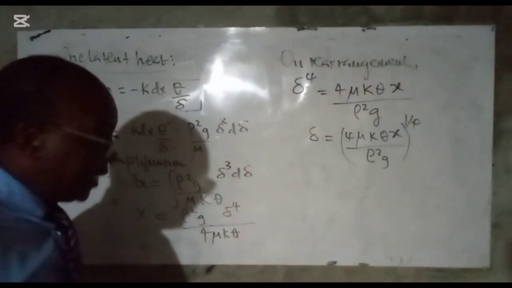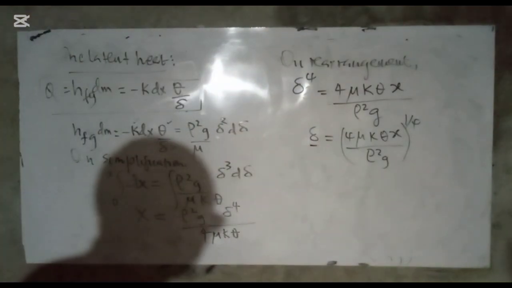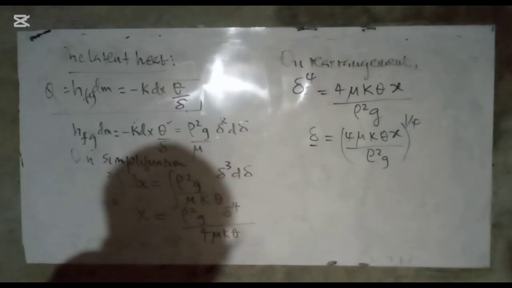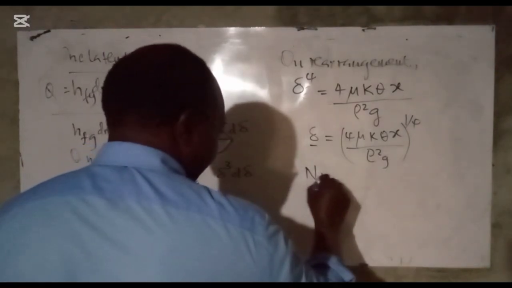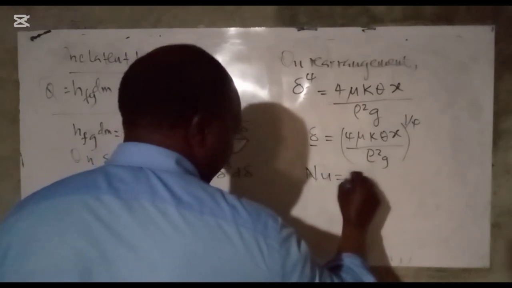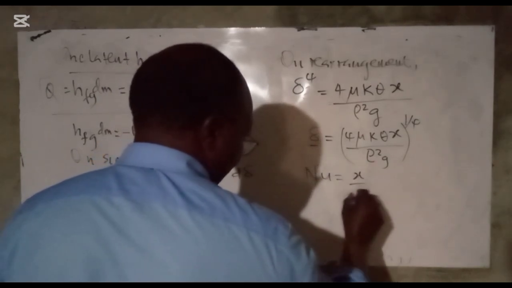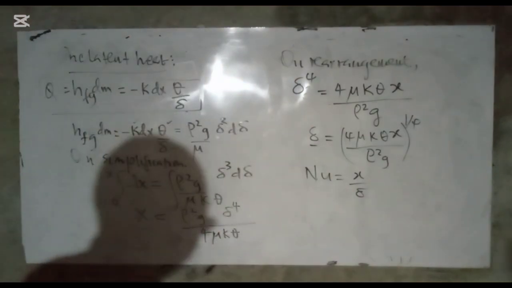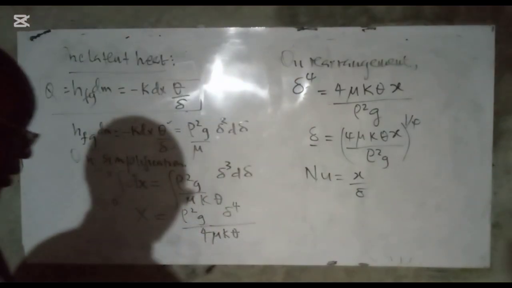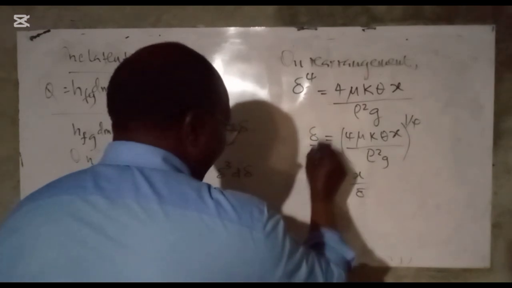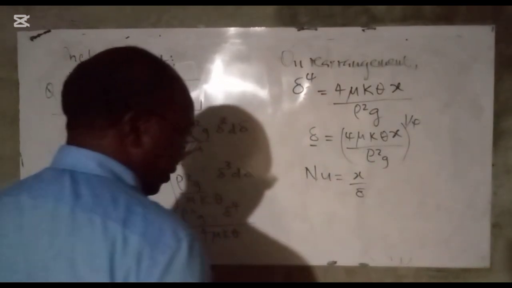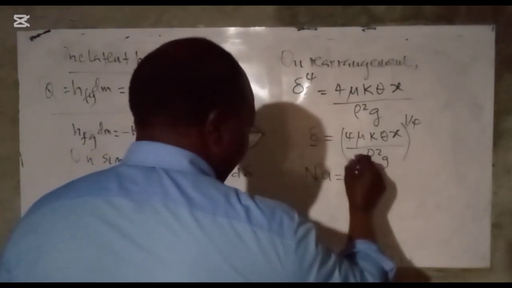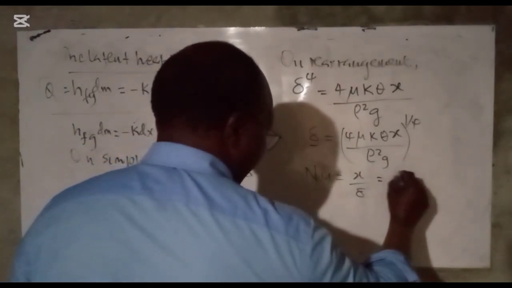But remember, we have now computed the value for sigma. And when we have it in the Nusselt number, we had said it was x over sigma. So we can plug in this value into this particular system.